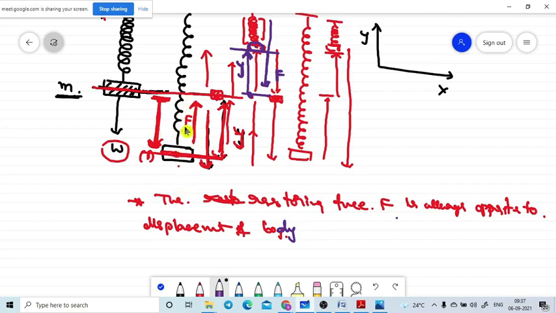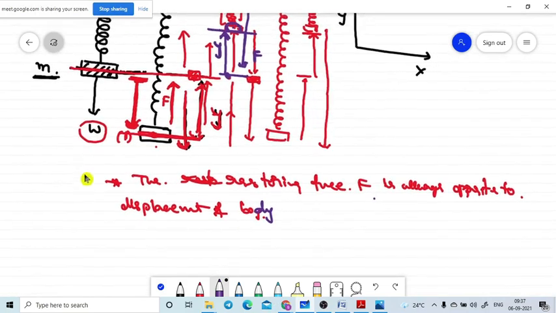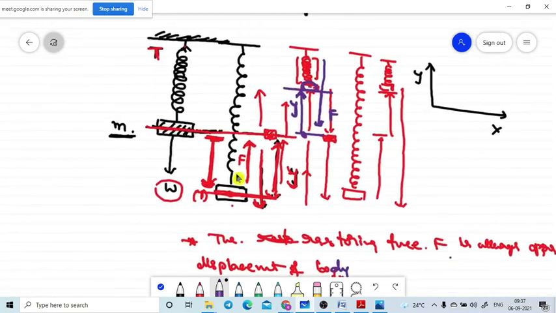Then the restoring force will also increase to pull the body back towards the mean position. That is another condition. Did you understand what I am saying? If we increase the displacement of the body, that means I elongated the spring more, up to here, so I increased the y value. Then the restoring force generated will also increase, because it pulls the body towards the mean position. That is the observation here.